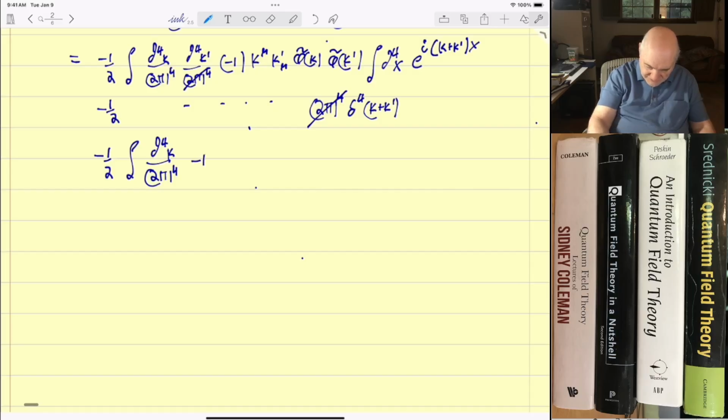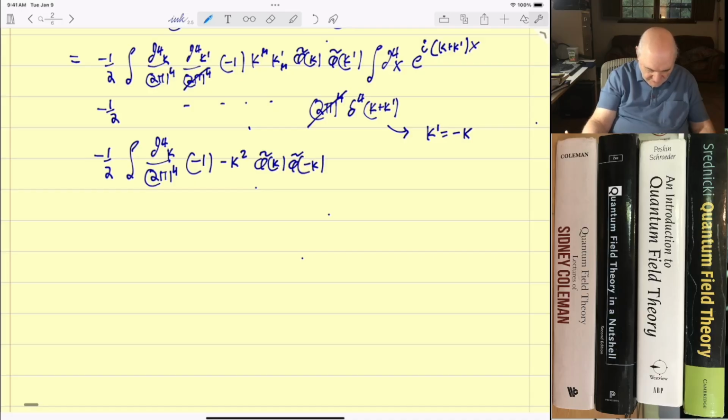I have my minus 1. And now I have k_mu k prime^mu. This will lead to k prime equal to minus k, so the product of these is just minus k squared. I get phi tilde of k, phi tilde of minus k.